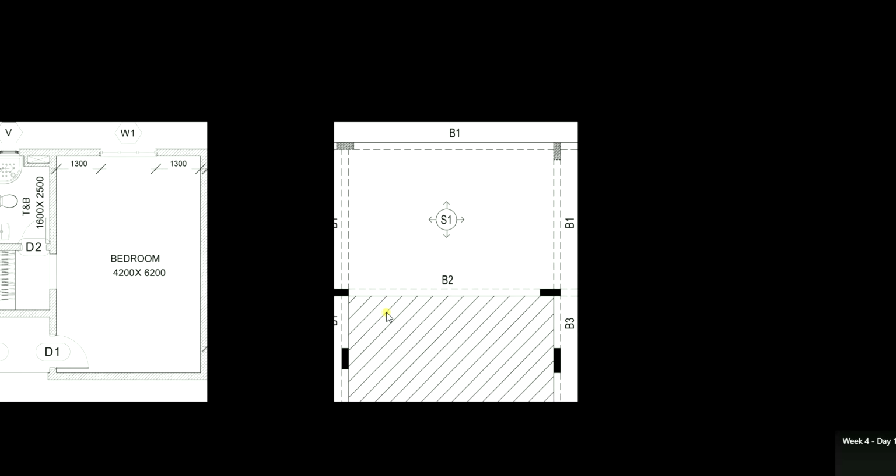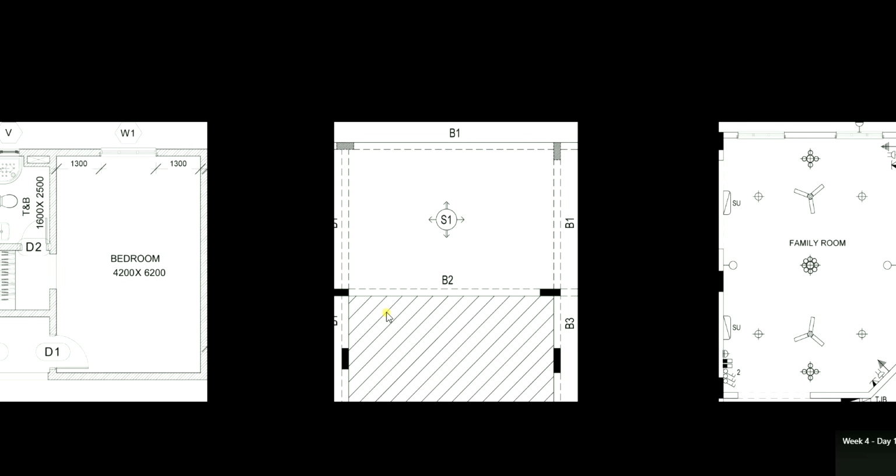Okay? And the third type is whatever we call MEP, where you can see here the connections for the electricity, the fans, and whatsoever. So normally, three things are required to be provided for the construction, which are architectural, structural, and then MEP.